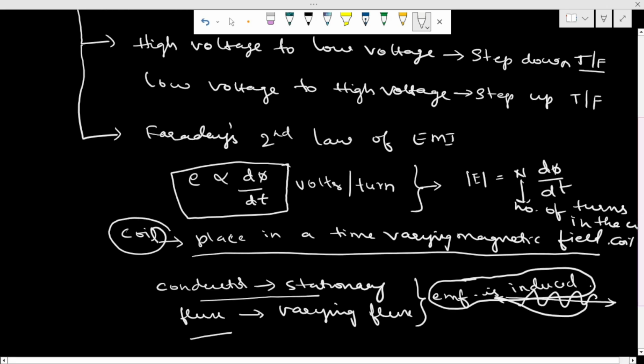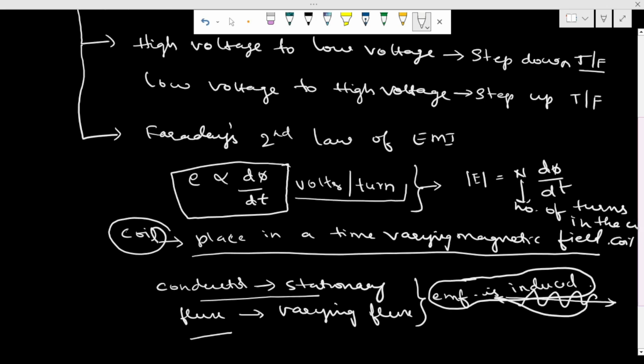The units are volts, because we have already included the number of turns N. Magnitude of the induced EMF is N into d phi by dt.